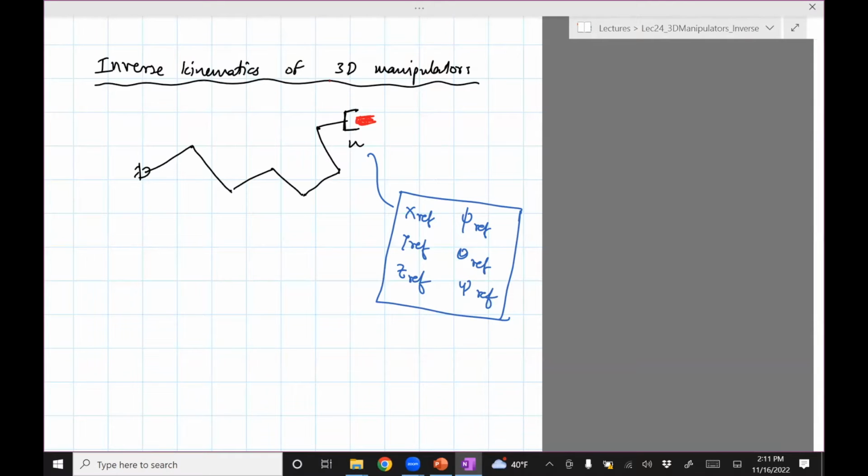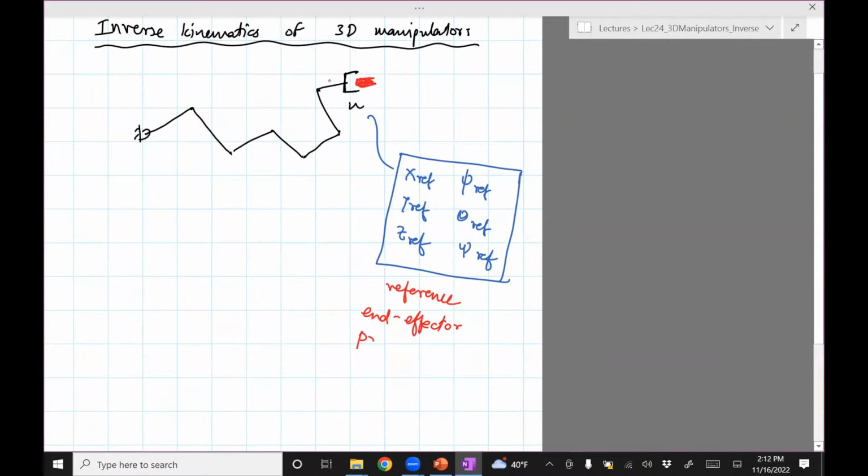So this is the desired or reference end effector position and orientation.